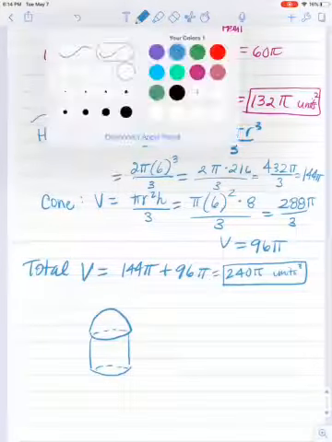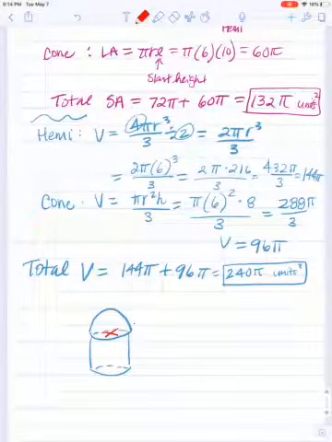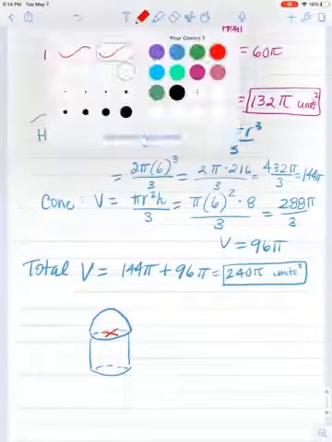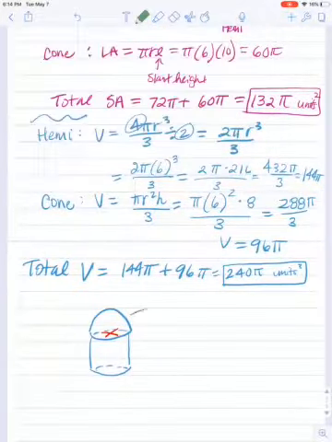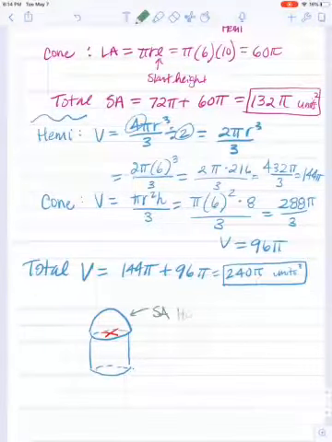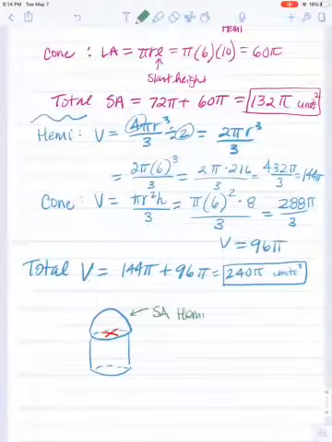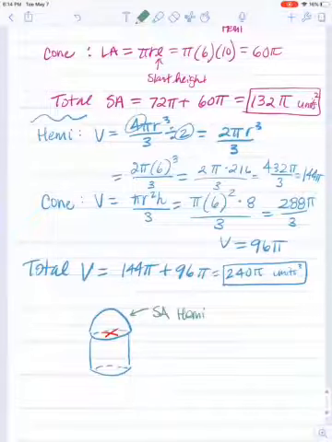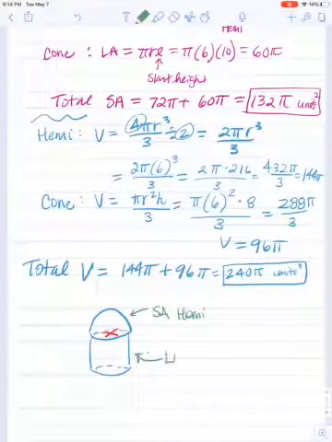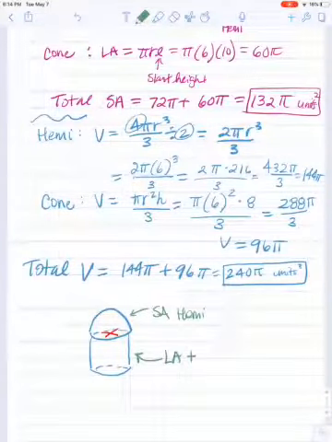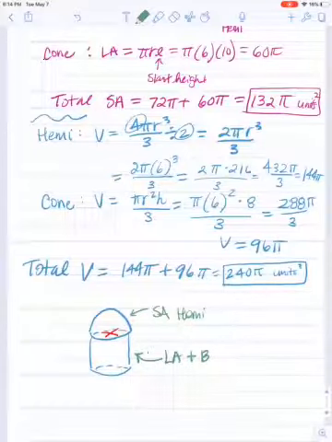Remember, you do not want to include this part here. So you would be calculating the surface area of the hemisphere. Then for this cylinder, you'd be doing the lateral area plus one of the bases.